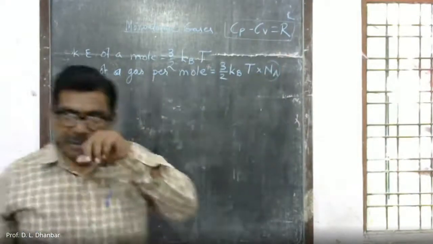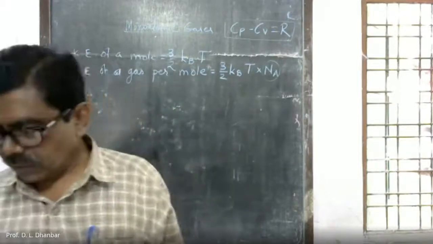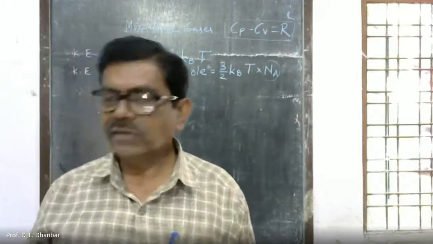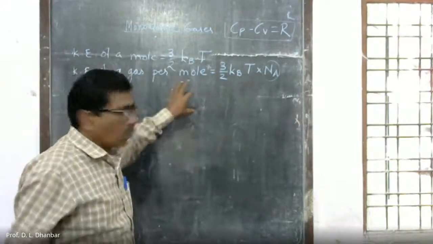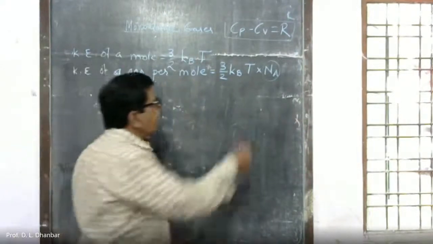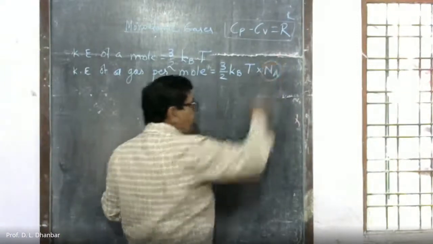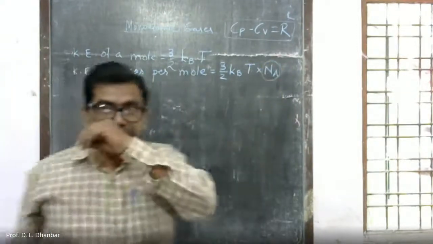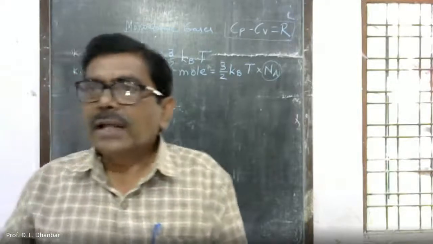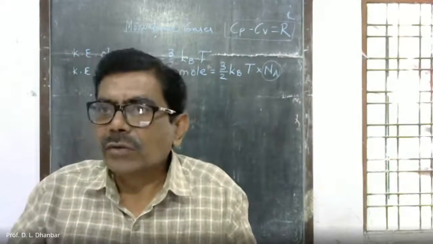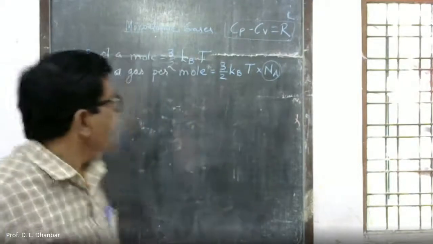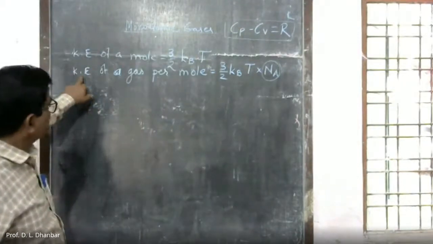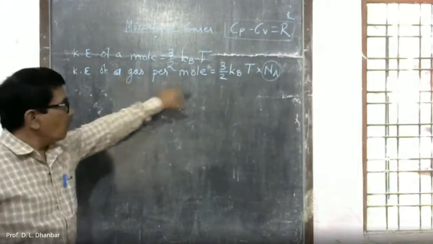Avogadro's number means the number of molecules per mole, that we call Avogadro's number Na. So our aim is to find the kinetic energy of the gas per mole.